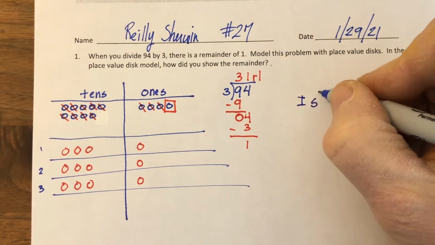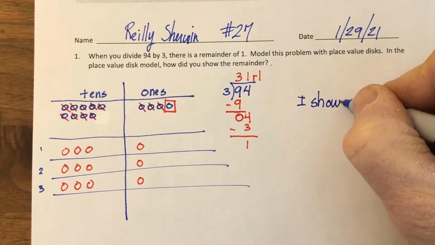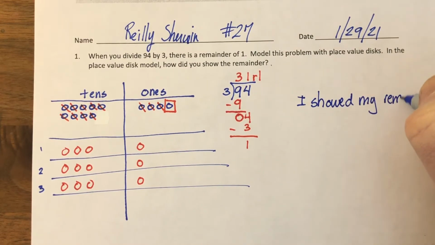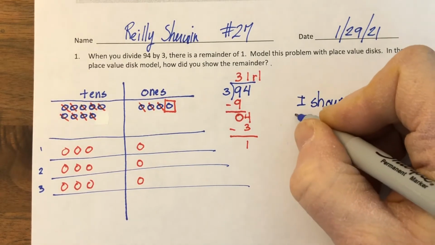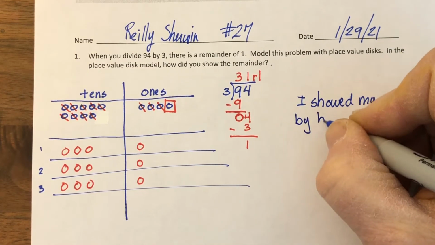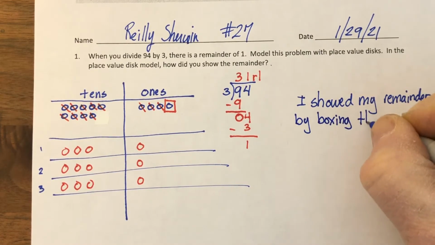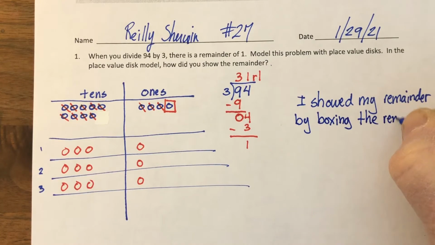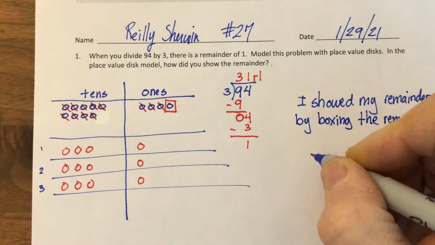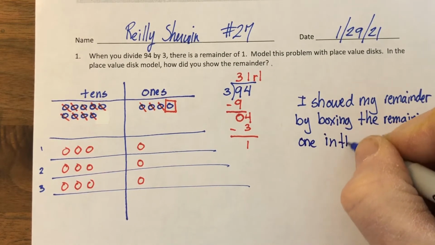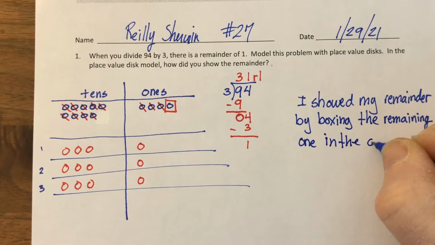I showed my remainder by boxing the remaining 1 in the ones place.